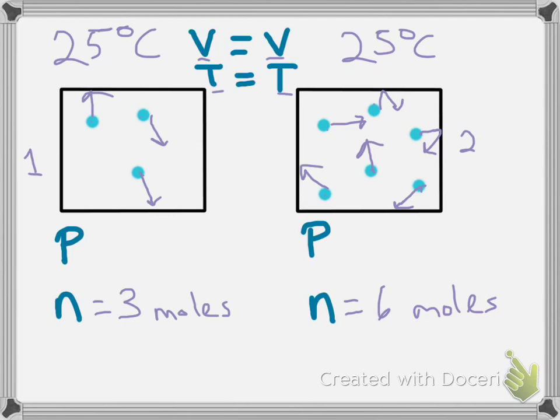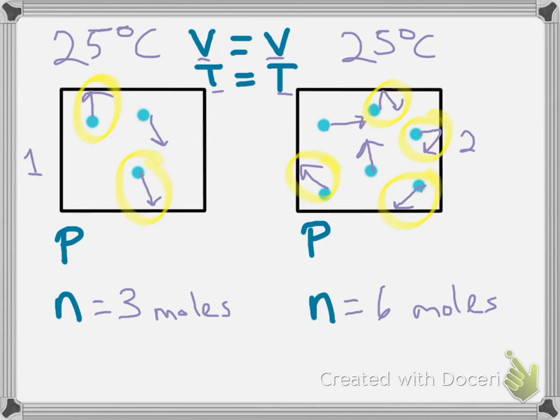However, I want you to notice that we only have 3 moles here, whereas we have 6 moles here. So which box has more frequent collisions? Obviously box number 2, right? This one is colliding, this one is colliding, this one. We have 4 colliding in this instant, whereas over here we only have 2 colliding.